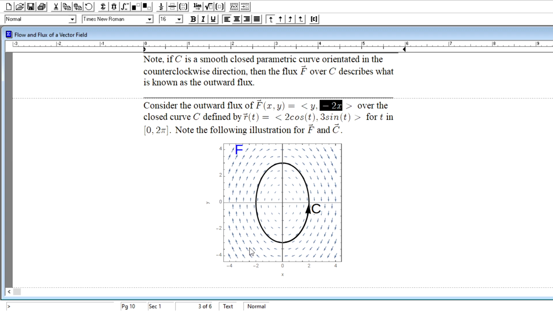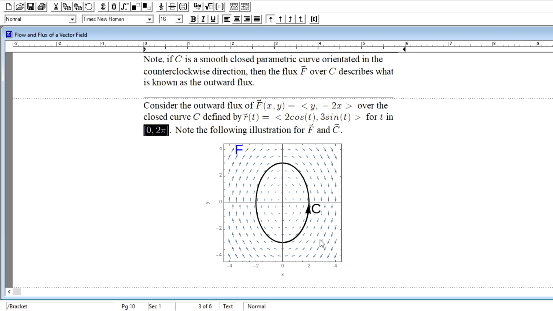That would describe this vector field seen right here, over the closed curve C, illustrated by this vector valued function r bar of t, this elliptical description of a path. This is what we would note as a smooth closed curve, occurring for values of t in the interval from 0 to 2 pi.